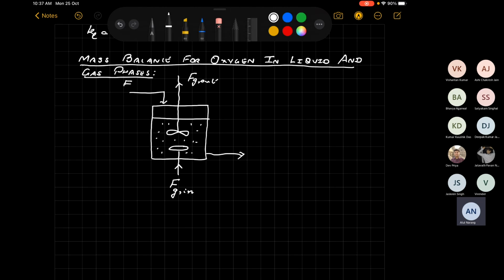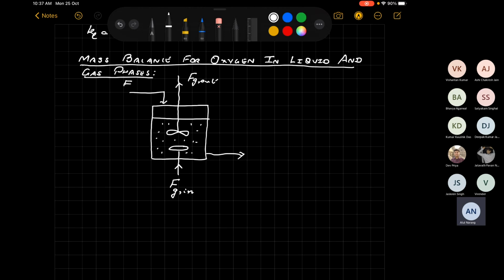And if they are operating in the aerobic mode, for every mole of oxygen consumed, they release 1 mole of carbon dioxide. So gas in is equal to gas out. But if they start producing more carbon dioxide than they consume oxygen, then Fg out can be bigger than Fg in. That's not the case for the liquid phase.